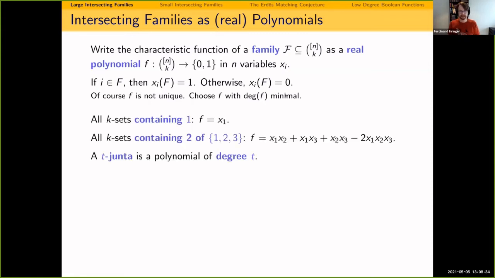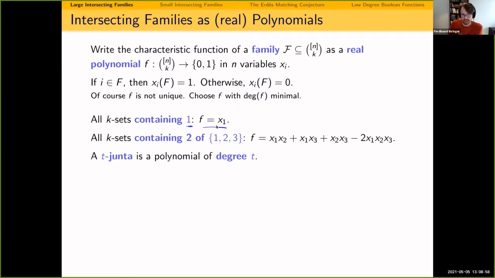Now, the connection to juntas is very straightforward. For example, if we have all k-sets which contain one fixed element, that intersecting family we can write as a degree 1 polynomial.